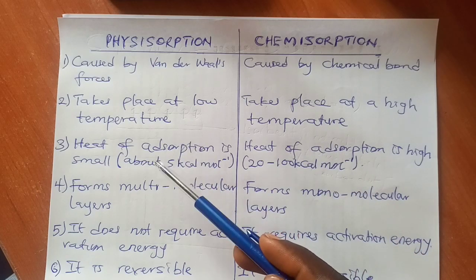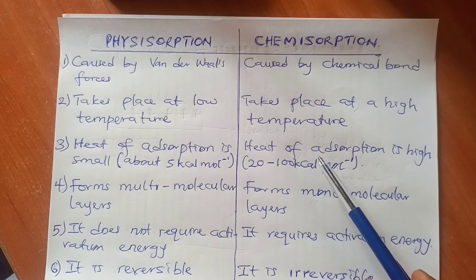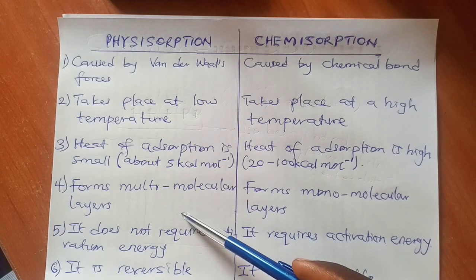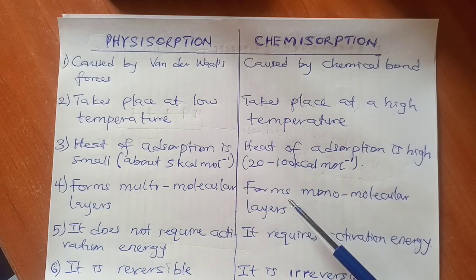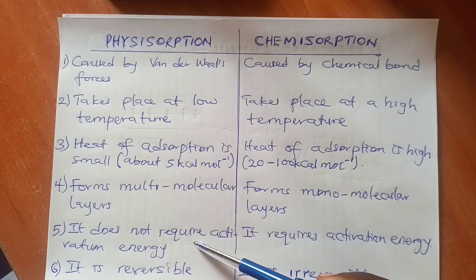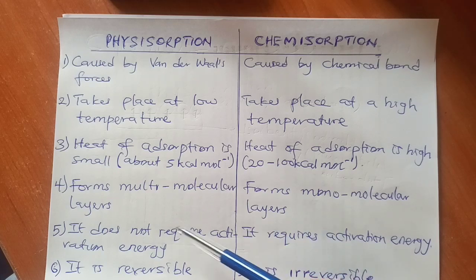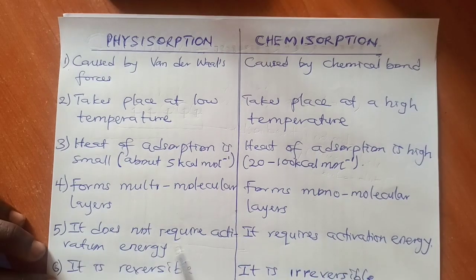Because of the low temperature, the heat of adsorption is low here, and high here. Physisorption forms a multilayer, chemisorption forms a monolayer. Activation energy is not required for physisorption because the bond is very weak, but it is required for chemisorption because of the strong chemical bond.